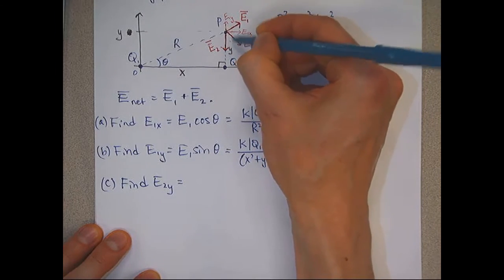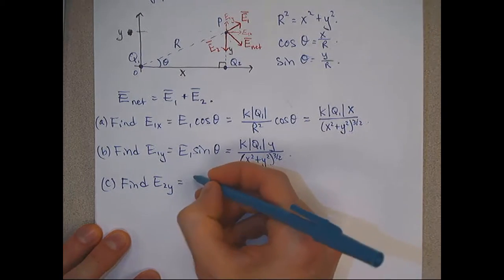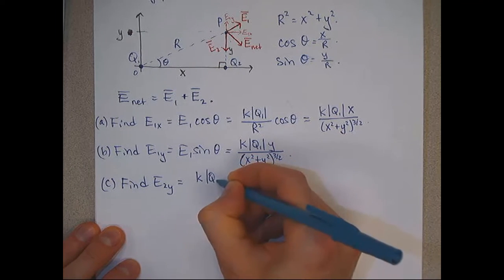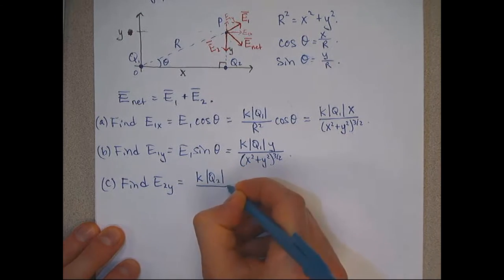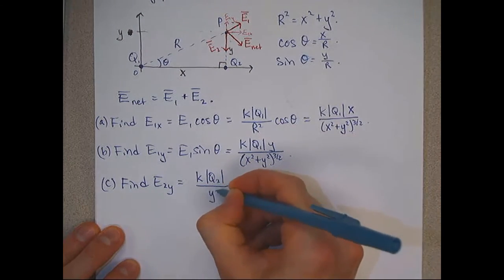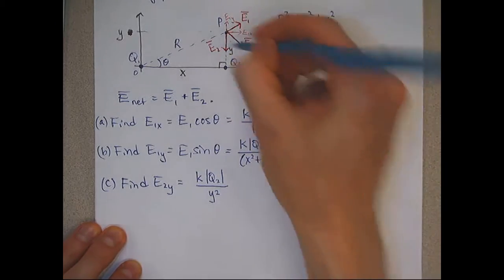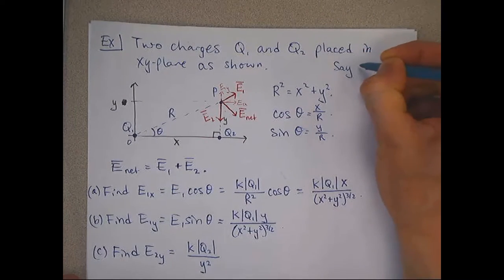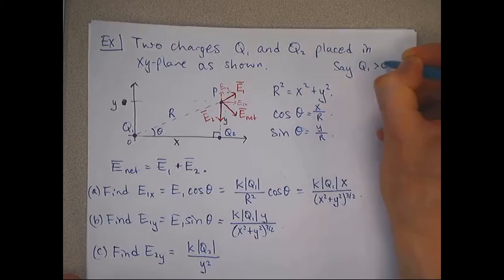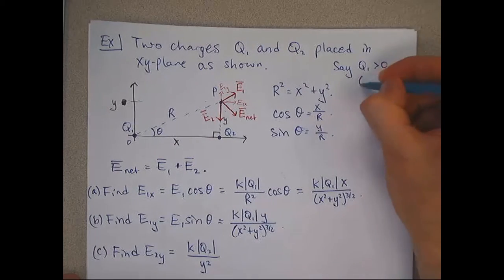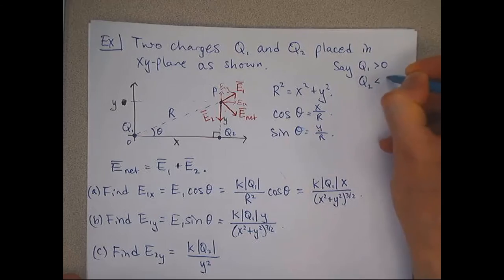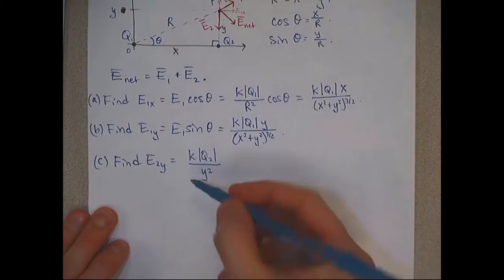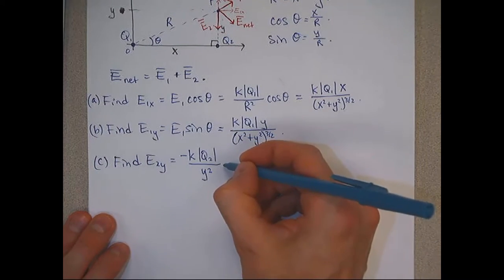We simply use the distance y in our expression. K magnitude Q2 over that distance squared. So this is y squared. And because we'll say in this example that Q1 is positive, giving us that E1 vector, we'll just take Q2 to be negative so that its E field points towards Q2. So the y component here should be negative.